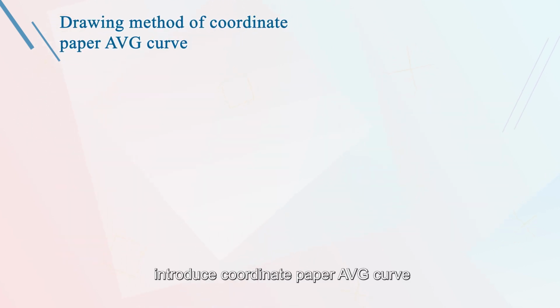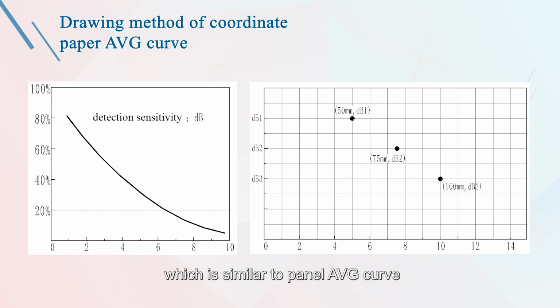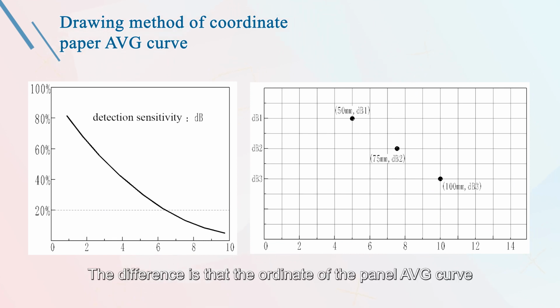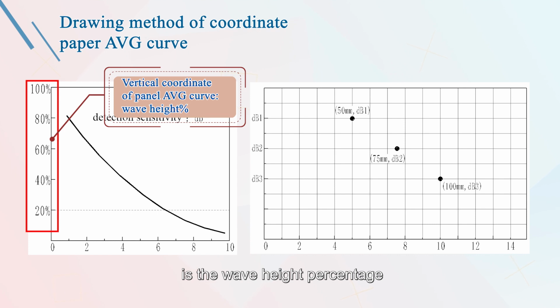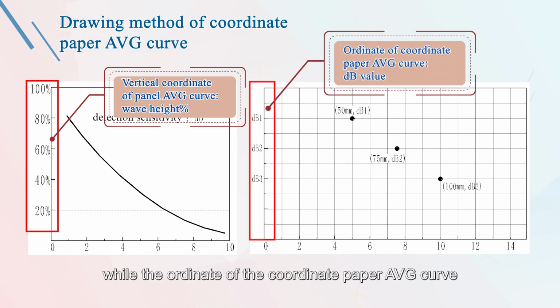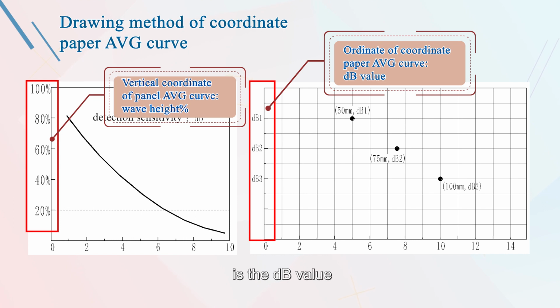Next, we introduce the coordinate paper AVG curve, which is similar to the panel AVG curve. The difference is that the ordinate of the panel curve is the wave height percentage, while the ordinate of the coordinate paper AVG curve is the dB value.